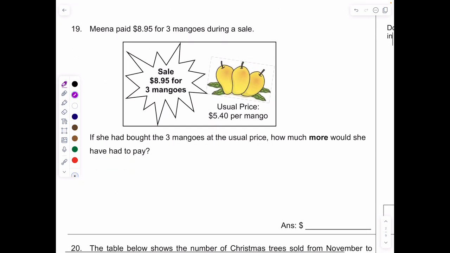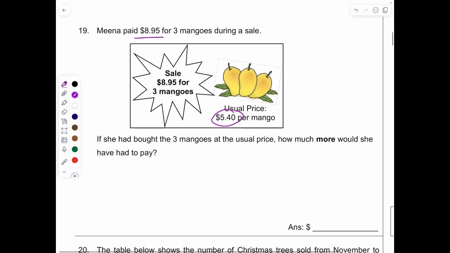Next, Mina paid $8.95 for 3 mangoes during a sale. If she had bought 3 mangoes at the usual price, how much more would she have to pay? So you first need to find out what is the cost of 3 mangoes at the usual price. So that's $5.40 times 3. And your answer would be $16.20.